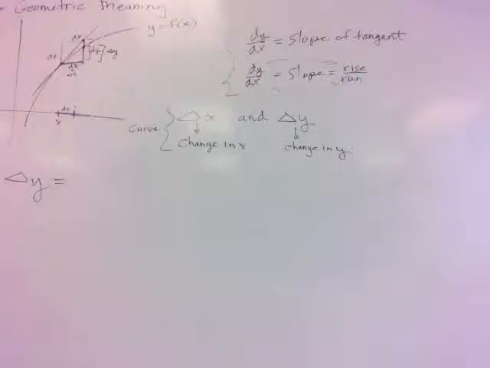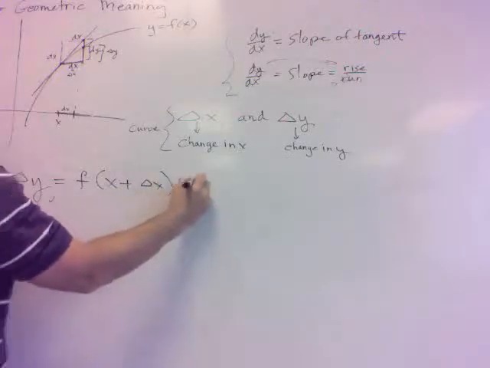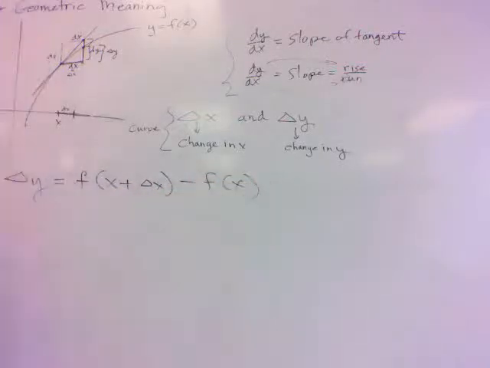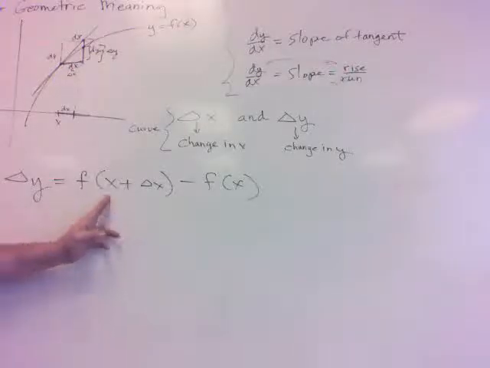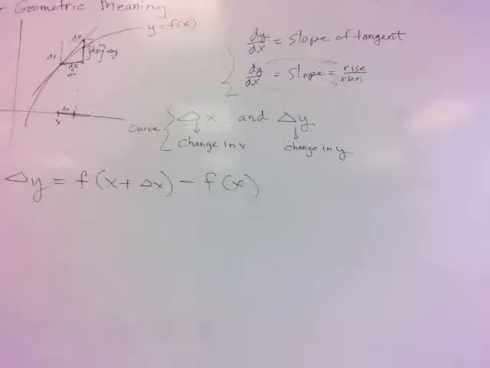Delta y being the change in y, here's what it works out to be in the formula form. Now let me explain. Delta y is the function f evaluated at x plus delta x minus the function at x. That's the change in the y of x. Why is that?